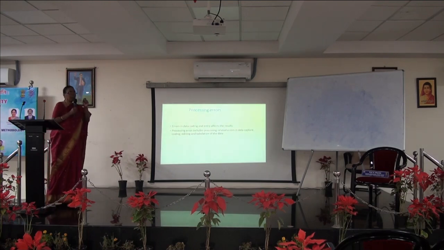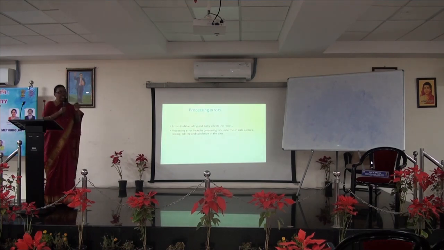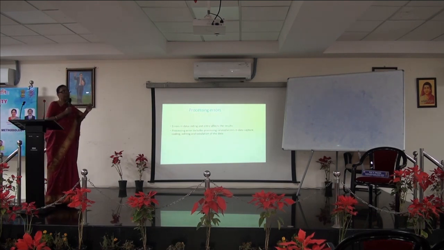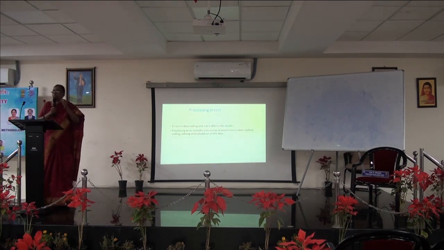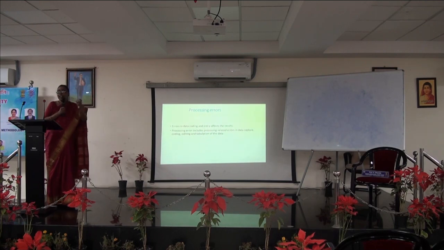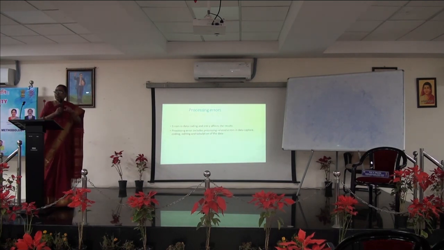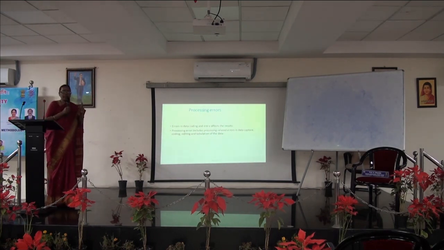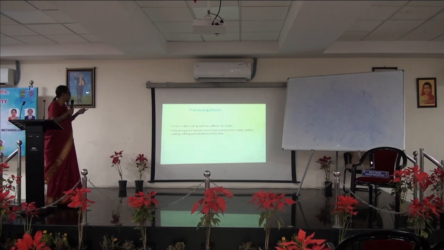Once you decide your questionnaire, the first step is to code your questionnaire depending upon the type of measurement. For computer purposes, you assign numbers 0, 1, 2, 3, not alphabets. The same code cannot be given for each response, for each question. So you have to be very careful in coding the answers. Multiple answers have to be coded.